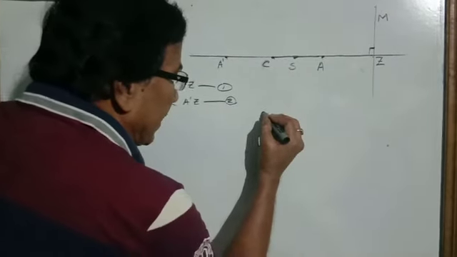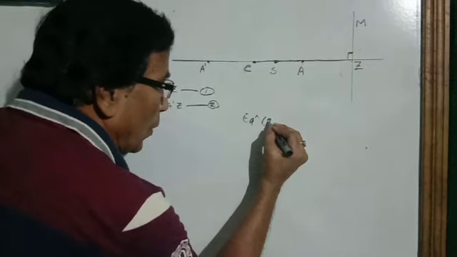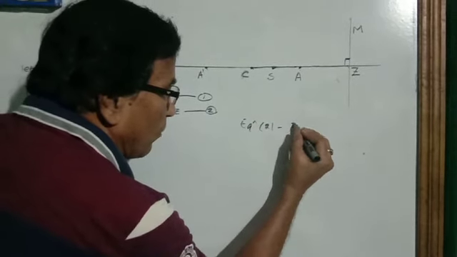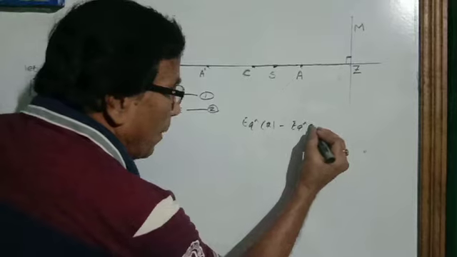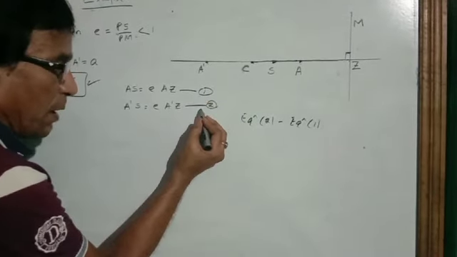And again we will subtract equation 2 minus equation 1. That means we will subtract first equation from second one.